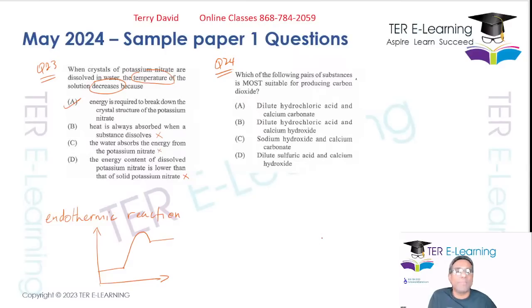What about question 24? Which of the following pairs of substances is most suitable for producing carbon dioxide?